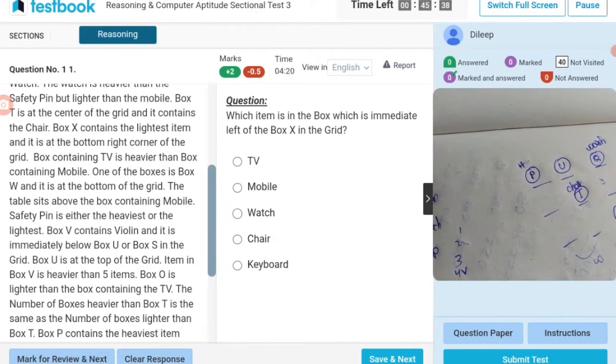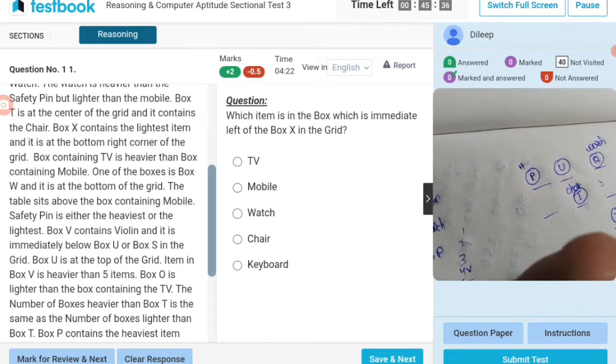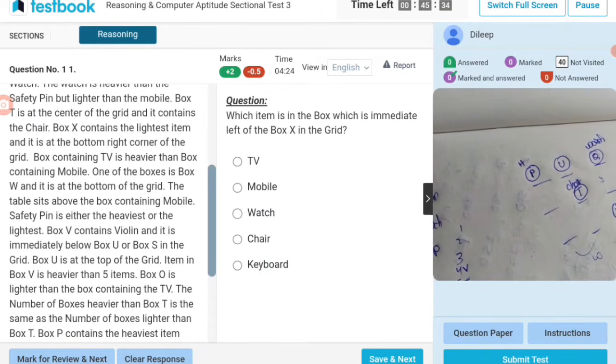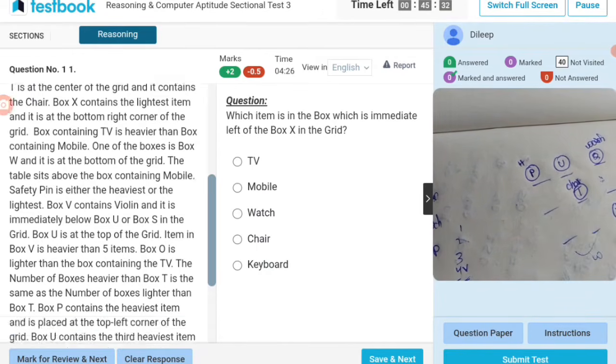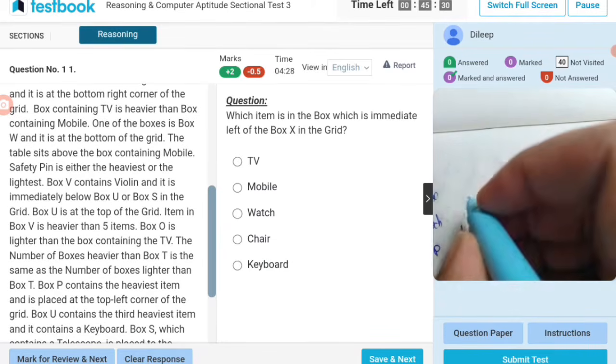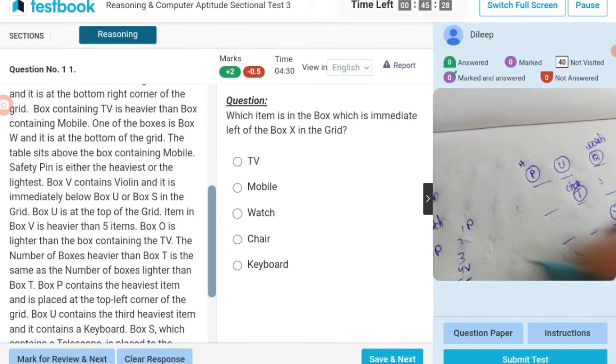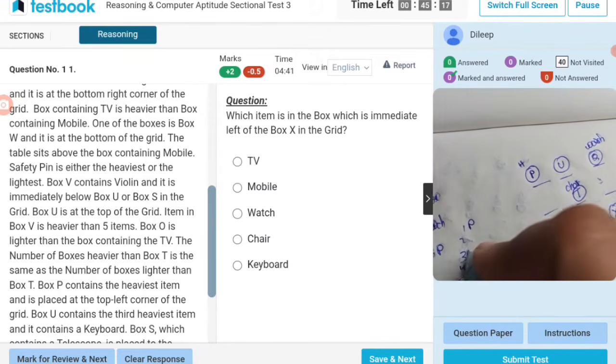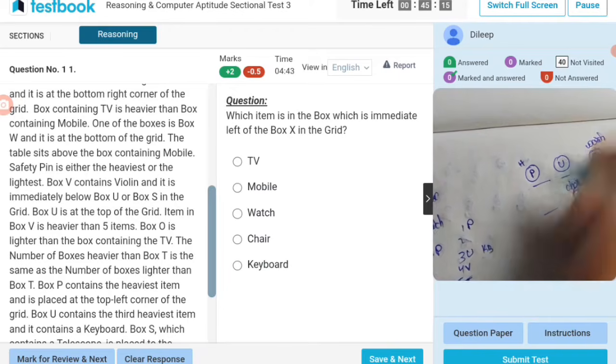Heavier than T is same as lighter than T. P contains the heaviest item. And top left corner. U contains third heaviest item, contains the keyboard.